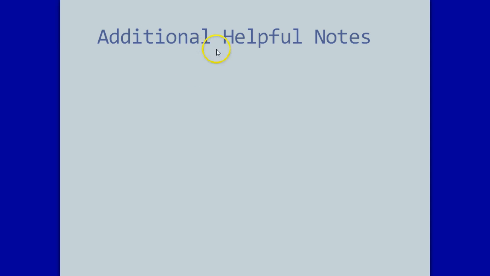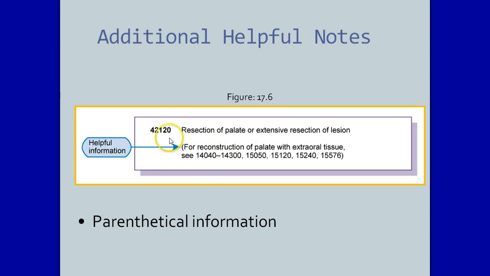Okay, so we have some additional information that we will run into when we're coding that is specific to that one code. So that's why it's underneath this particular code or codes in this particular category. This is what we call parenthetical information.